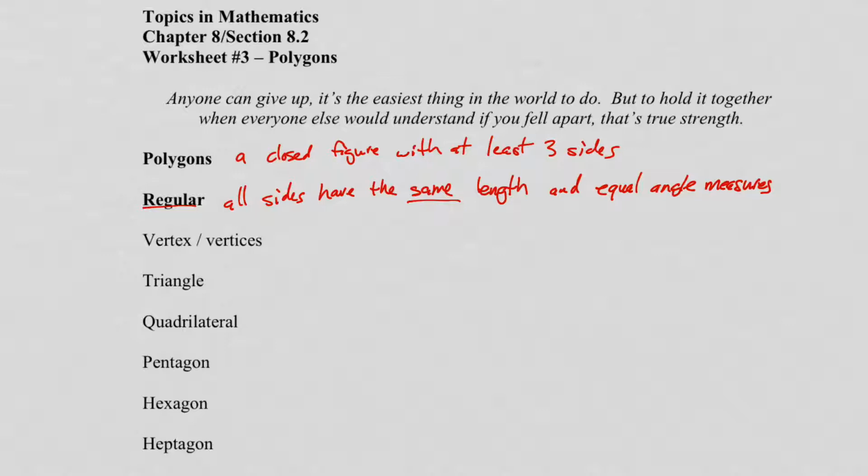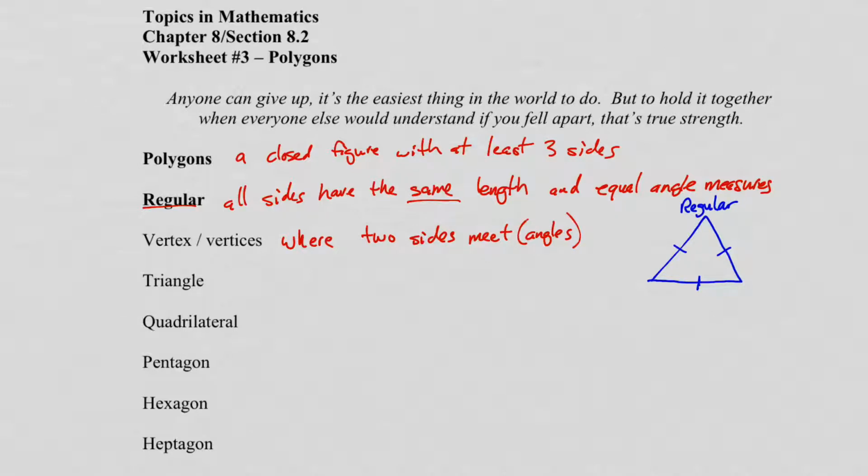So let's talk about one vertex or various vertices. These are basically where two sides meet, which create angles. Okay, so let's take a look at the triangle. If I made this a regular triangle, then this marking means that they're all the same length.